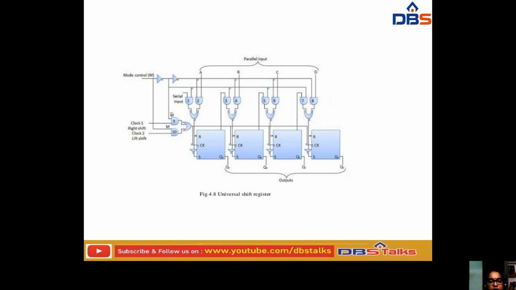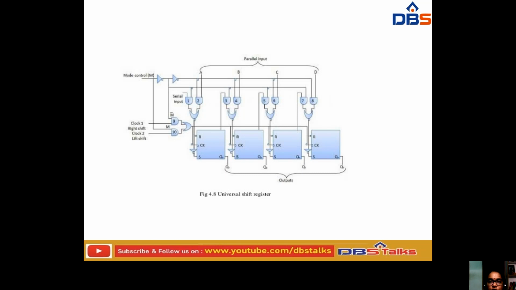Here this is clock 1. We have two clocks, clock 1 and clock 2. The first one is for right shift and the next one is for left shift. Both shifting operations are performed as per the user requirement. Why?